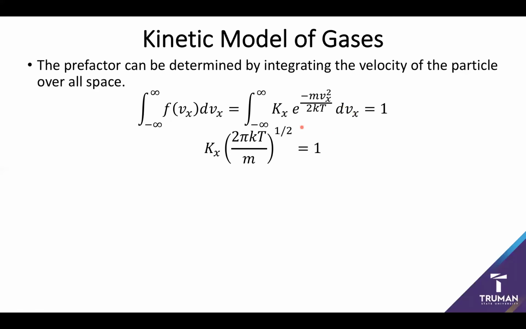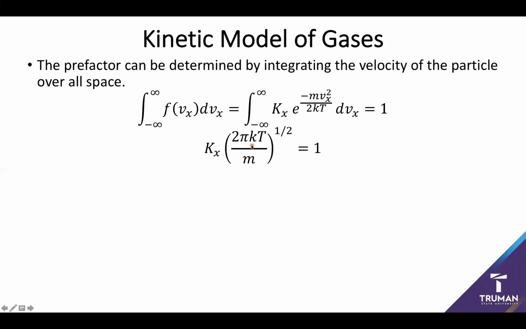So when we do that, it turns out that I get to pull out my kx value, and this inner term will end up giving me a value of 2 pi. So this is more or less a numerical value that comes from the integration. And then I essentially get the inverse of my prefactor here.